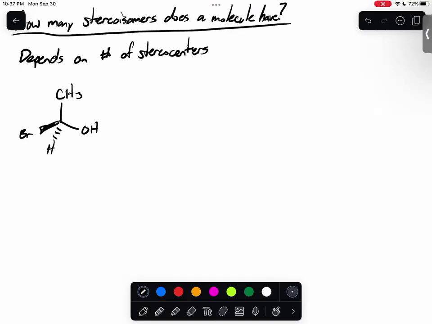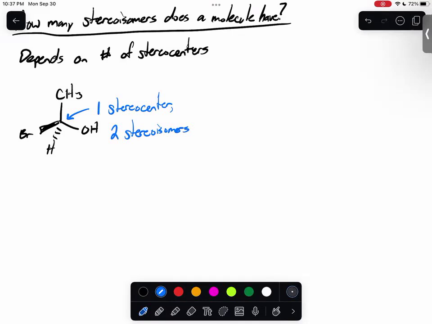It has one stereocenter and two stereoisomers, right? Because other than this one here, which is the S enantiomer, it has the R enantiomer, and that's it. It doesn't have any diastereomers. It doesn't have anything else. It's just the R and S enantiomer.